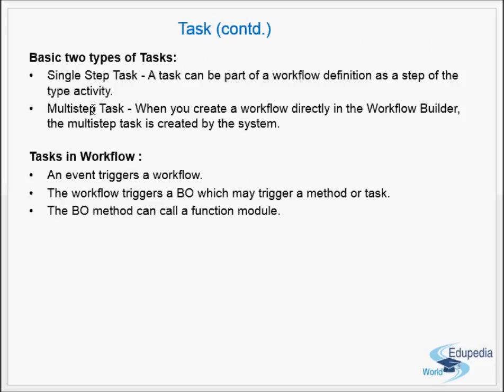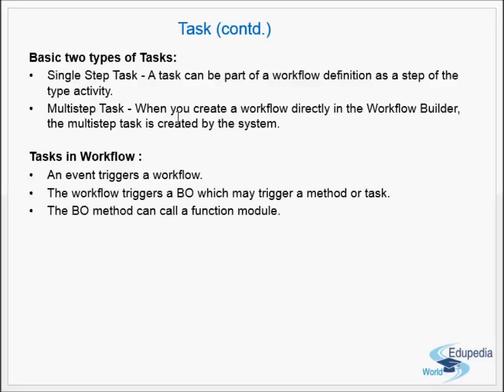Single step task and multi-step task. We have two types of tasks. What is a single step task? A task can be part of a workflow definition as a step of the type activity, and a multi-step task is when you create a workflow directly in the workflow builder, the multi-step task is created by the system.